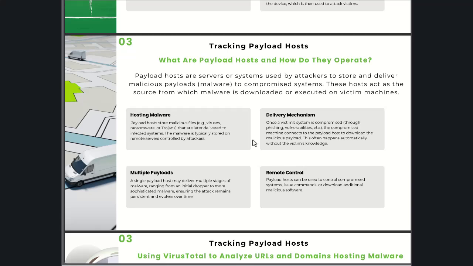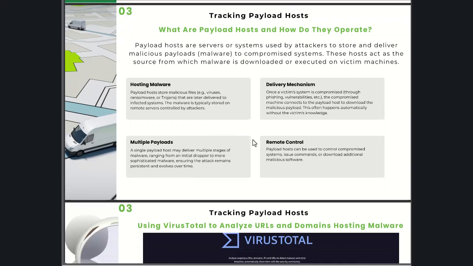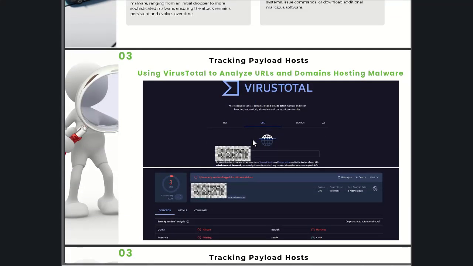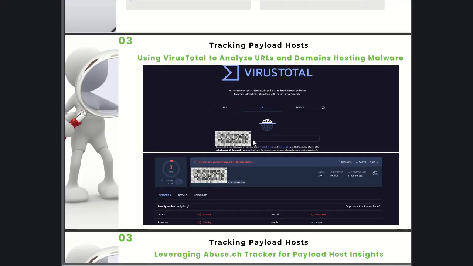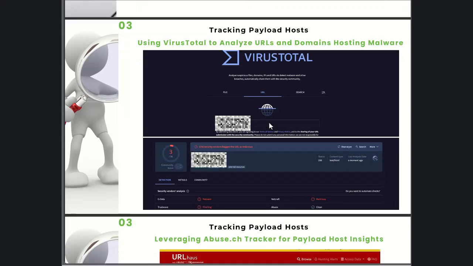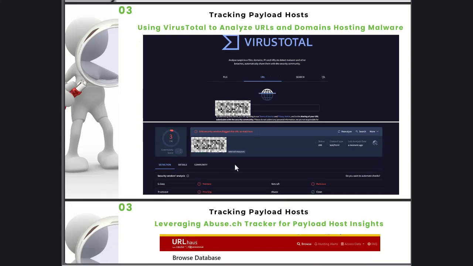It could be a simple one, but it contains things like Cobalt Strike. Cobalt Strike actually contains post exploitation modules, and also it lets you interact with the victims with a session simply. So we can track the payload host with VirusTotal. I have a blue-red malicious IP, and actually it's flagged by 3 vendors.